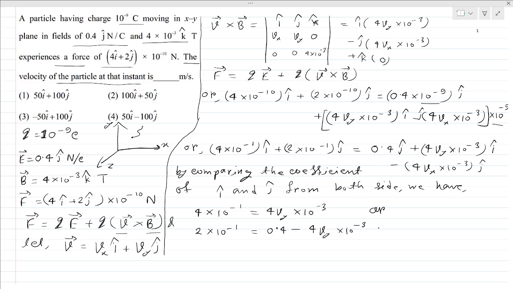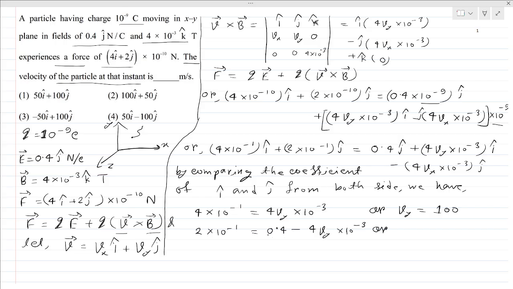So if you want to solve, for 4 Vy, the 4 cancels out, the 10 to the power minus 3 goes to that side and becomes 10 to the power 3, so upstairs it will be 10 to the power 2. That means Vy equals 100. If we calculate this side, 10 to the power minus 1 means 0.2.